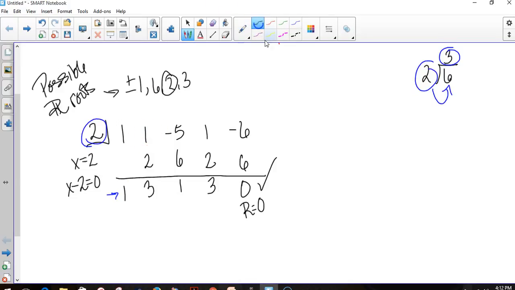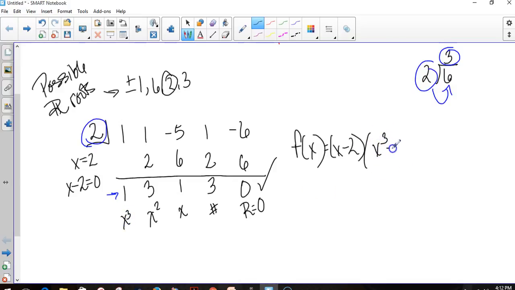So a semi-factored form of my function would be x minus 2 times, and this is my remainder, this is my constant, this is the x coefficient, x squared, and x cubed. So x cubed plus x squared plus x plus 3.